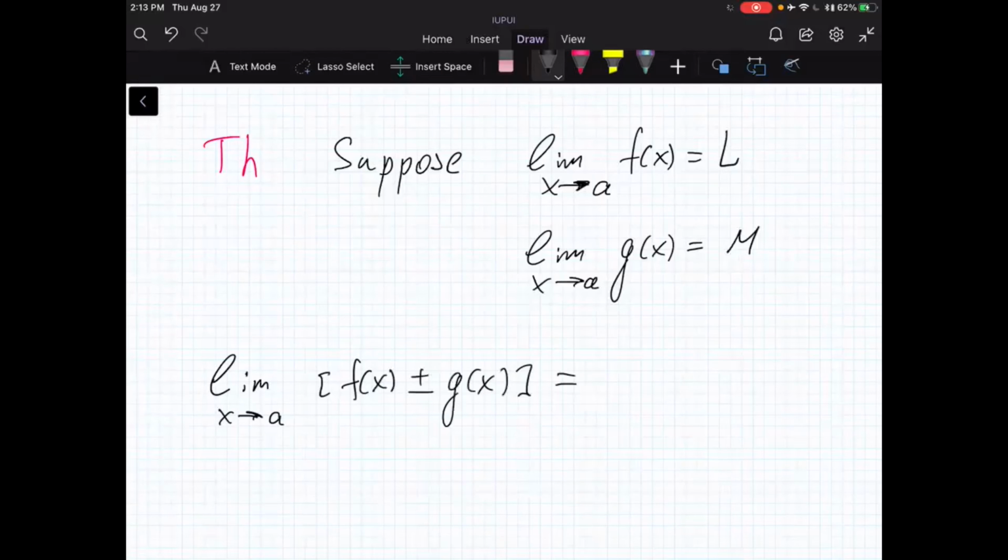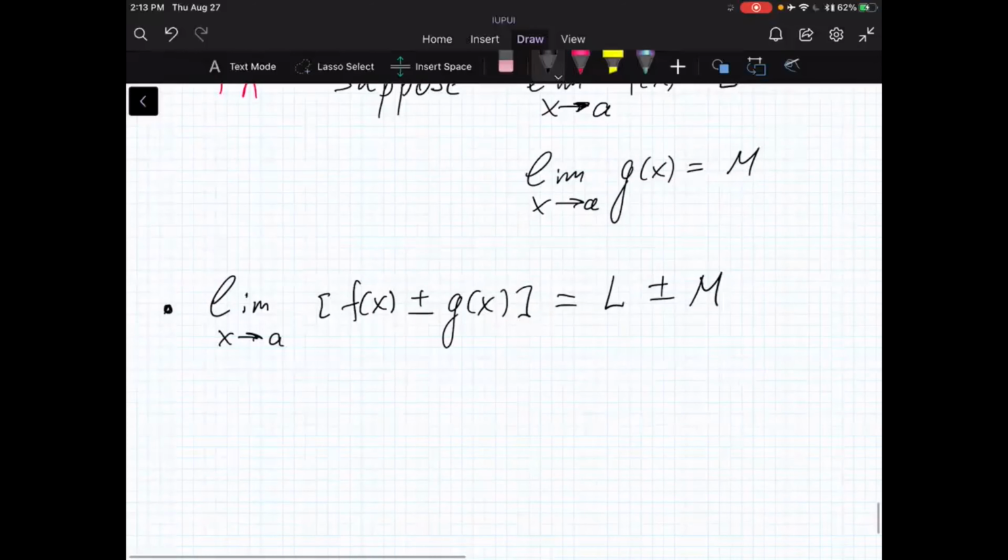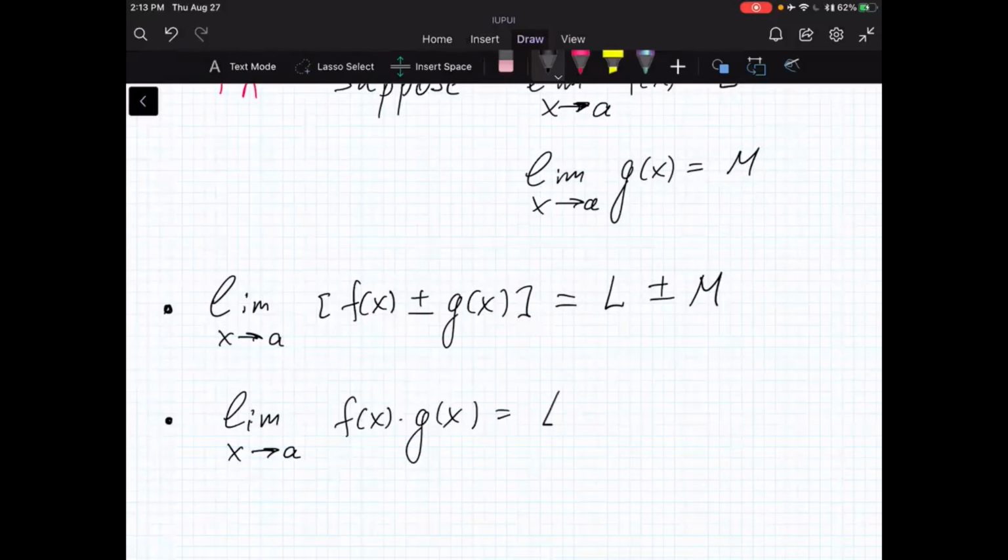It will be just the sum or difference of the limit values. This is the first theorem. The same happens with the product. When x goes to a, f of x times g of x, it will be just L times M.